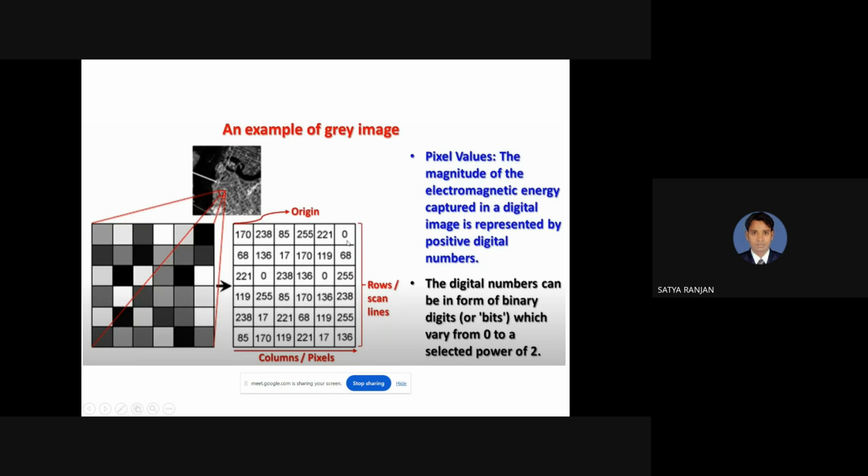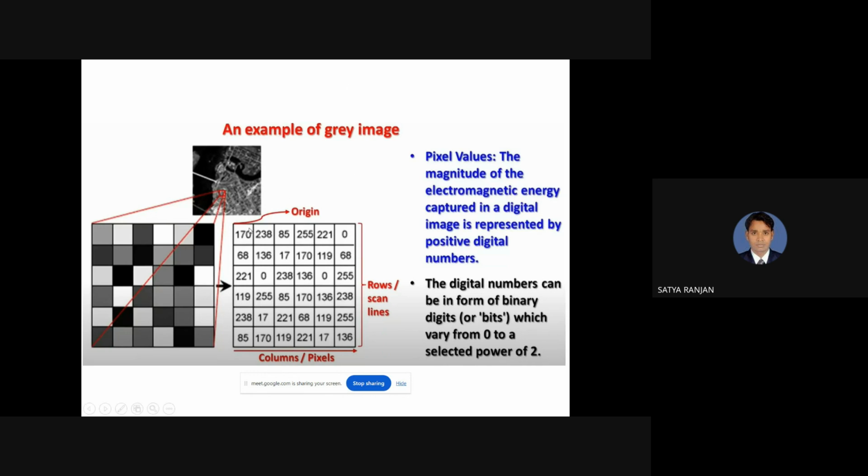So minimum 0 to 255 means it is like an 8-bit satellite image, which is 2 to the power 8, which is the result of 256. So 256 is arranged from 0 to 255.